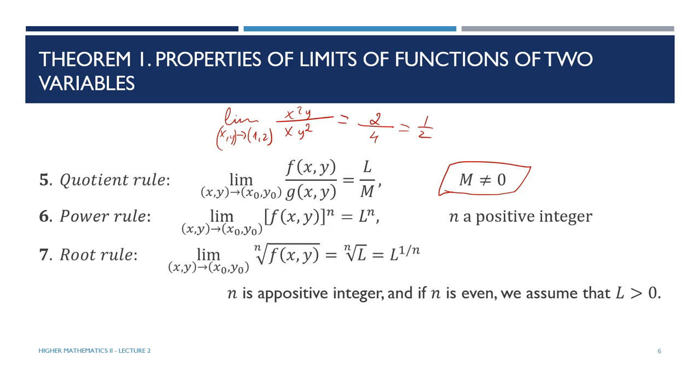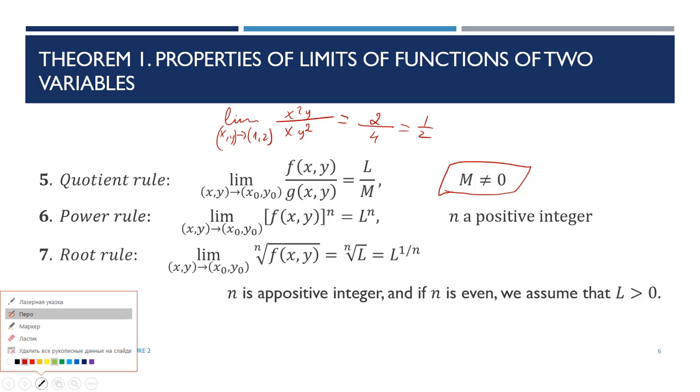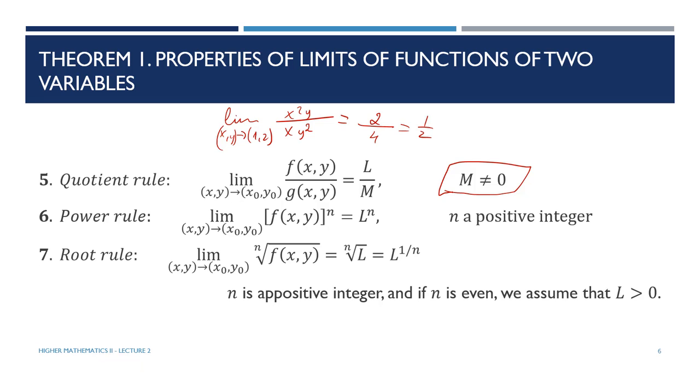The next one is the power rule. Let me take another color here. In the power rule, I'll write the limit as xy tends to 1 and 2, and here I will have x squared y to the 8, maybe.